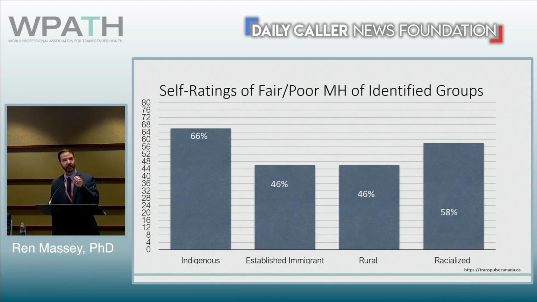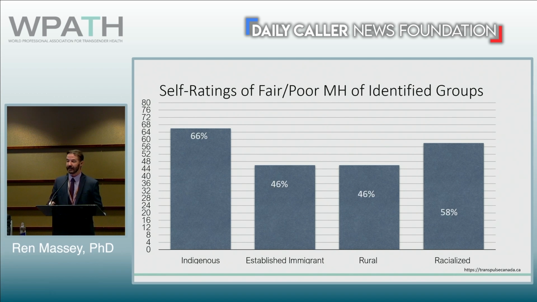If we look at these minority groups, talk about the intersecting identities, we've got folks who are rating their mental health even worse than we saw. We saw the overall mental health, the respondents, it was about 54% were rating they had poor or fair mental health.